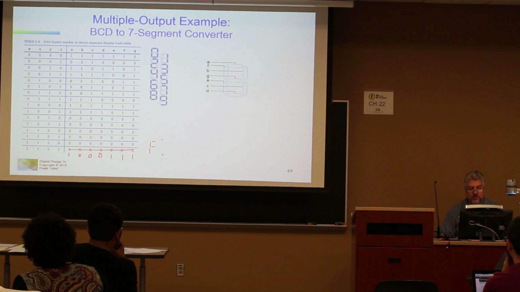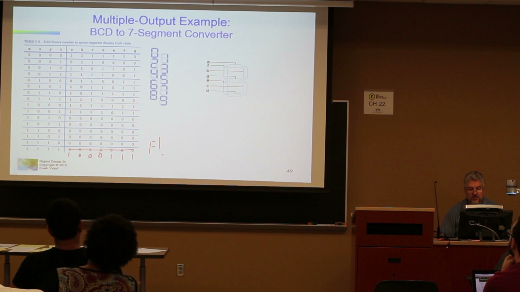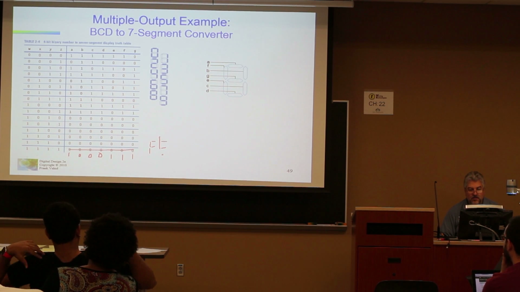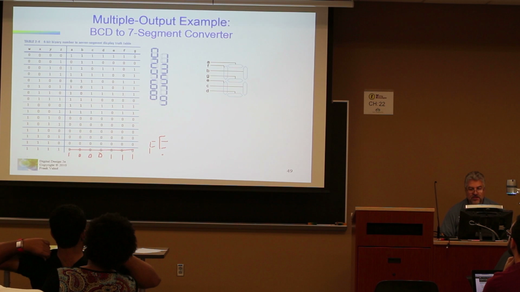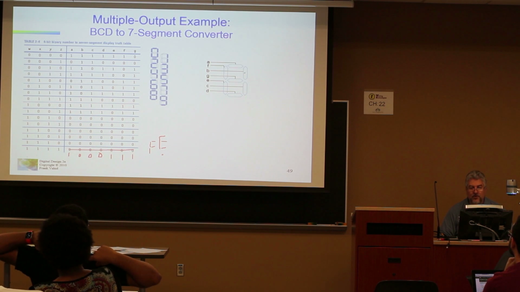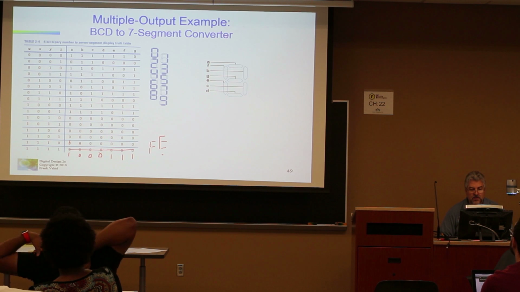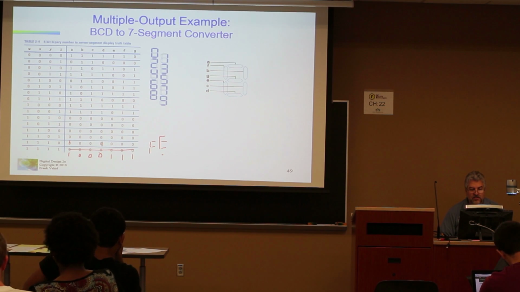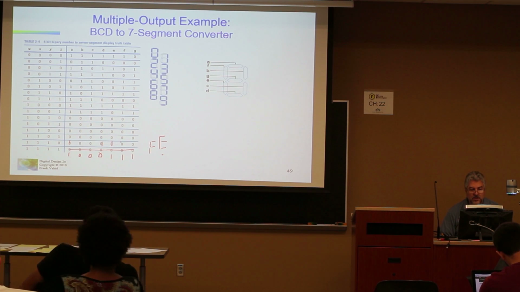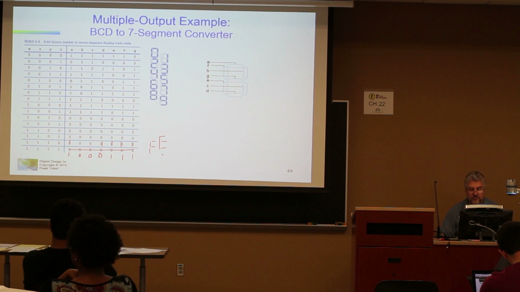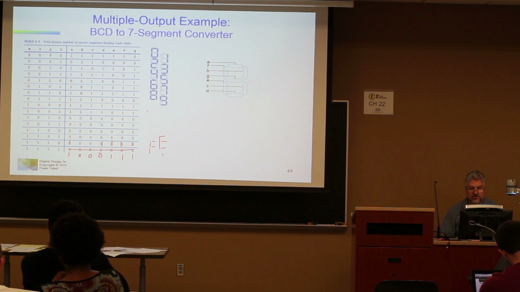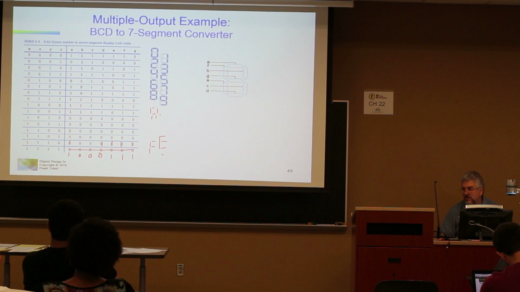E, what do you think that would be? Well, that's easy, right? This is 2 segments, so everything is going to be lit except for B and C. So in this case, it's going to be 1, B and C is not lit, D, E, F, G. You could figure out the rest. I believe A is going to be easy. Oh, what about B?